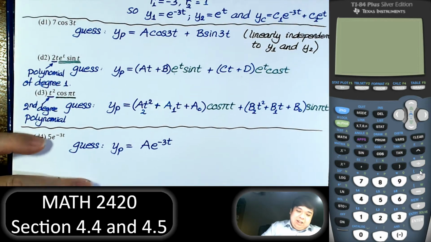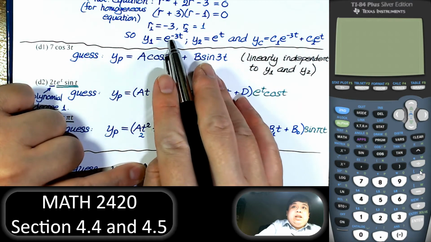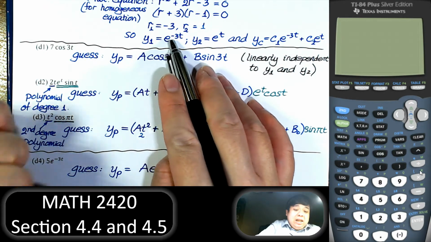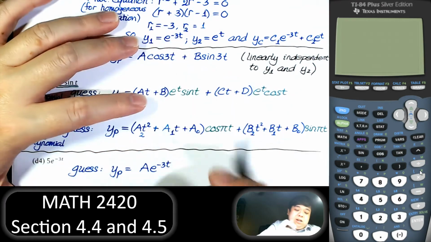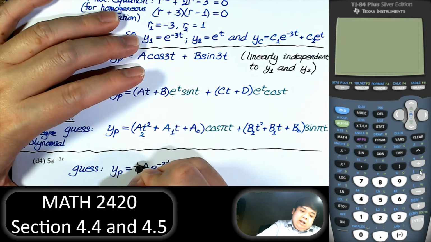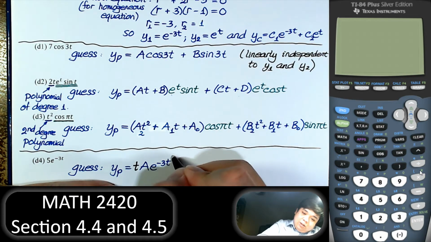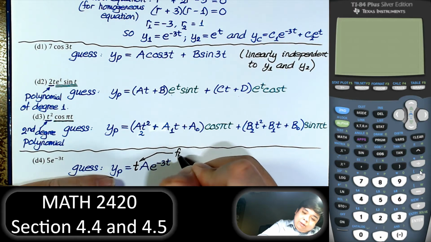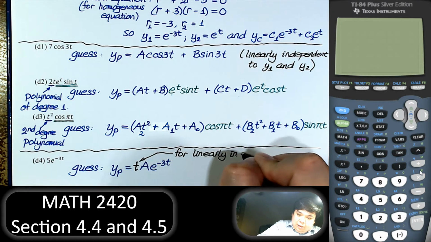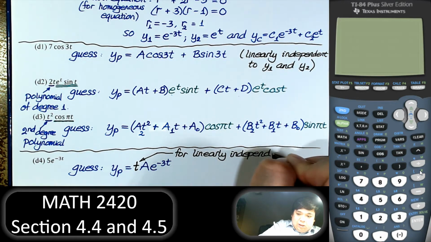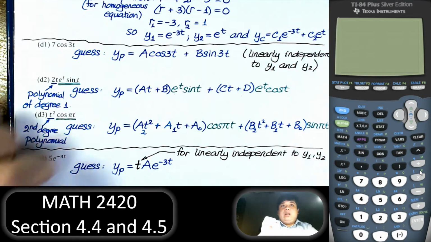Now, if we look at e to negative 3t and that e to negative 3t, it cannot be that. It has to be linearly independent to this. So our guess has to be something different. So we multiply a power of t here, just to make it different. So this is for linearly independent to y1 and y2. Of course, y1 and y2.